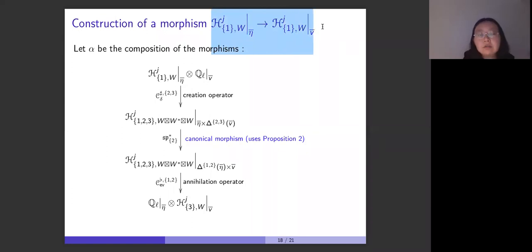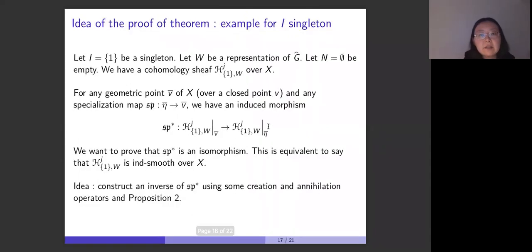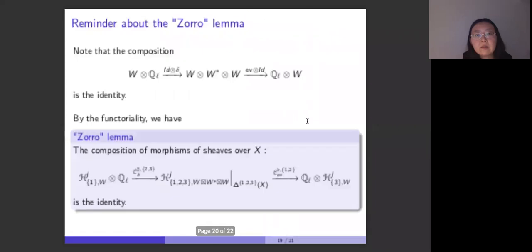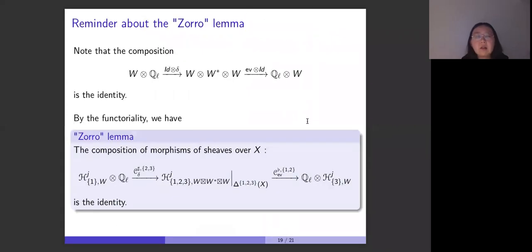Now we want to show that this map is the inverse of the specialization map. And to do this, we need something more, which is called the Zorro lemma, which comes from the Zorro lemma for vector spaces.